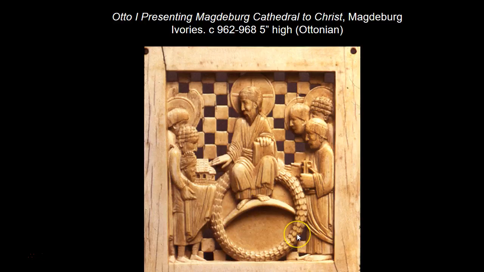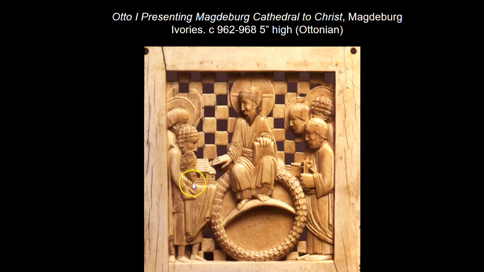That looks more like the kinds of images we might see in mosaics in Byzantine churches, where you have hierarchic scale, where the figures don't look quite realistic, and they're doing things that we would see in Byzantine images too, gifting cities or gifting churches to God or to saints or to the Virgin Mary and so on.